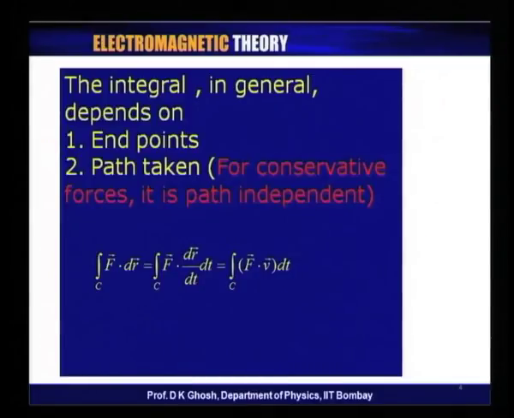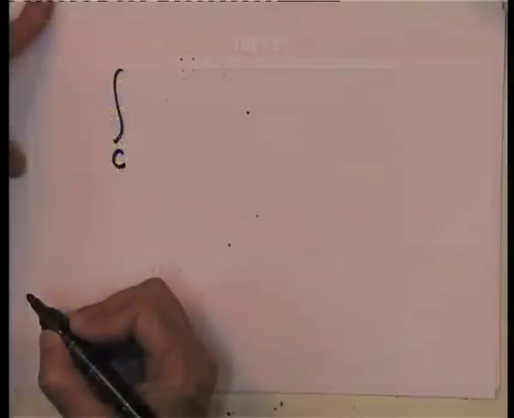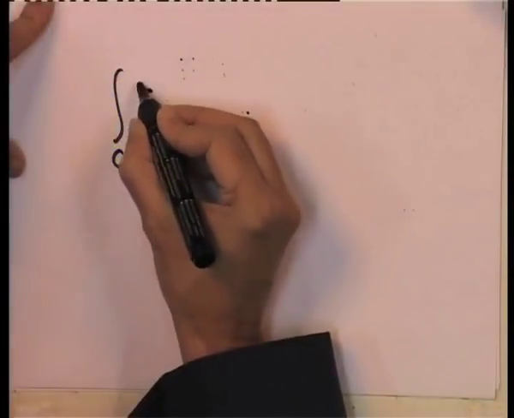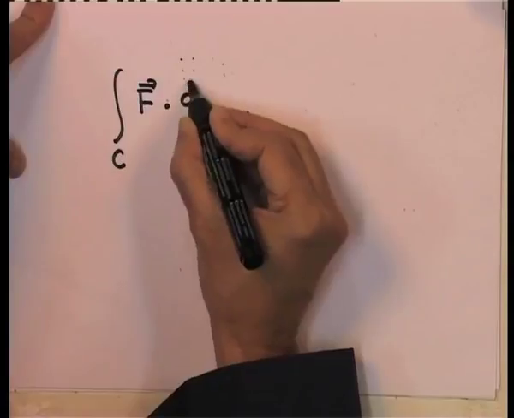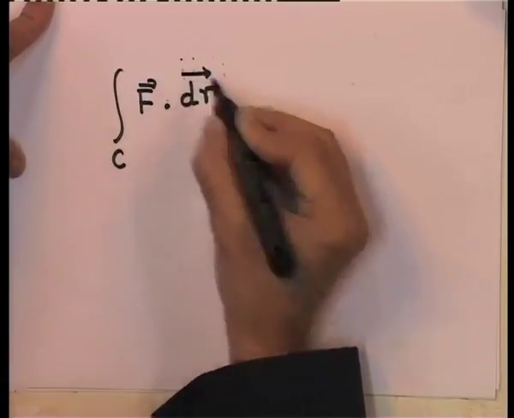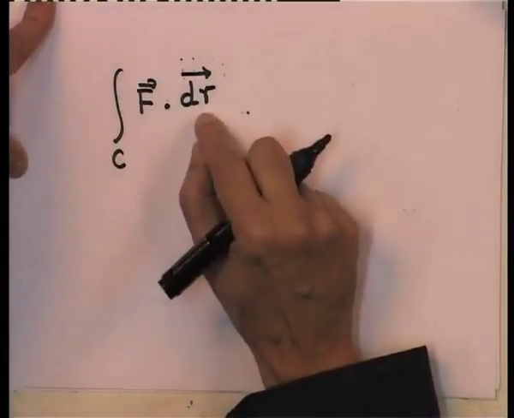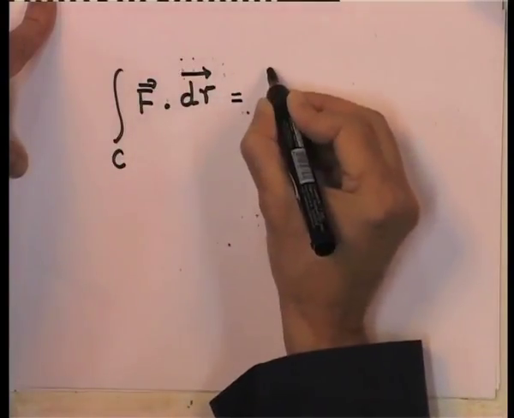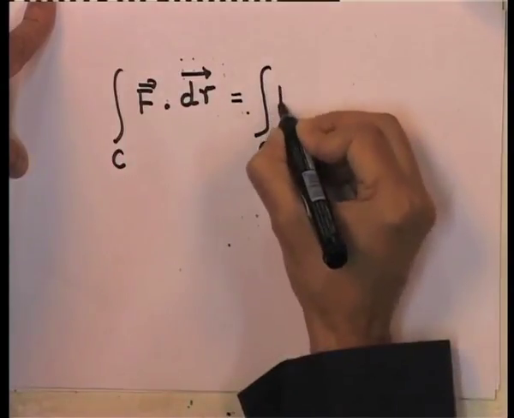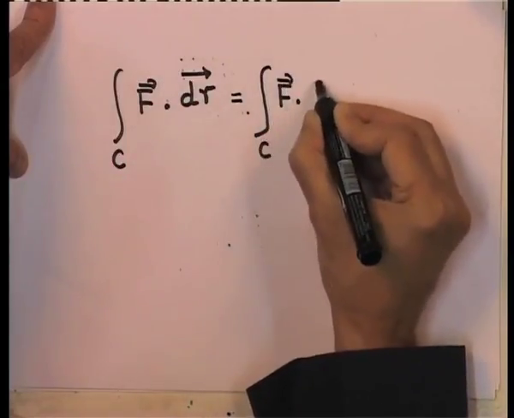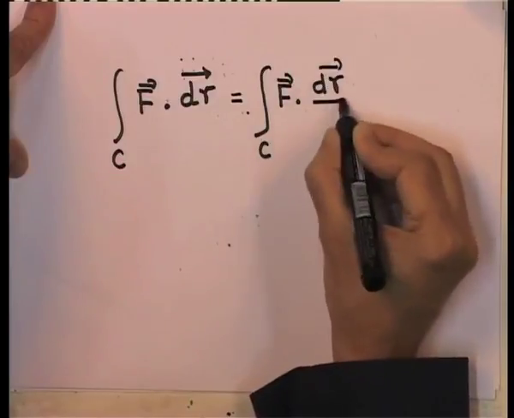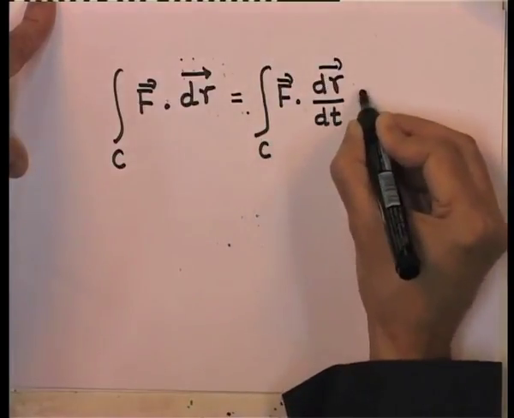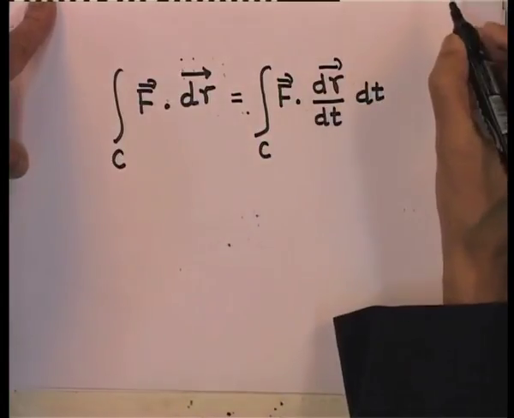Now, let us look at how one writes this. Along the curve, I have f dot dr, let us say, because dr is an element along the curve. Let me write this as f dot dr by dt, where I have introduced time as a parameter.